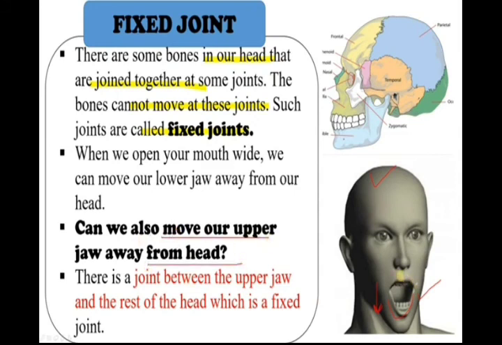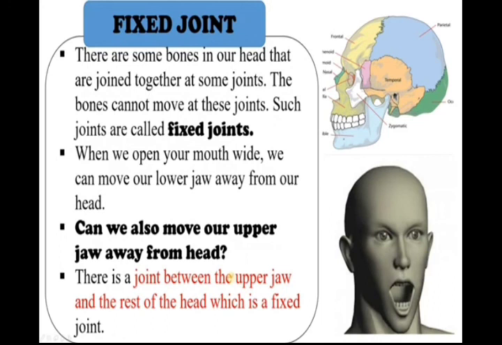Can we also move our upper jaw away from the head? Is it possible? No. Why? There is a joint between the upper jaw and the rest of the head, which is a fixed joint.